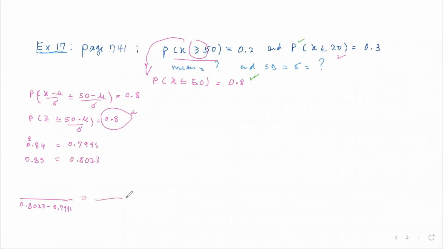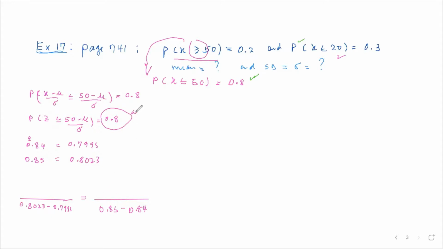And this side is going to be, it cannot be a straight line, 0.85 minus 0.84.